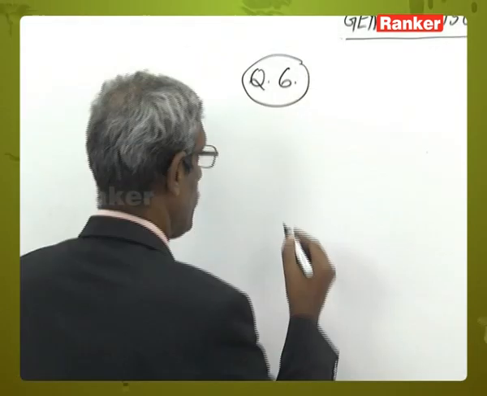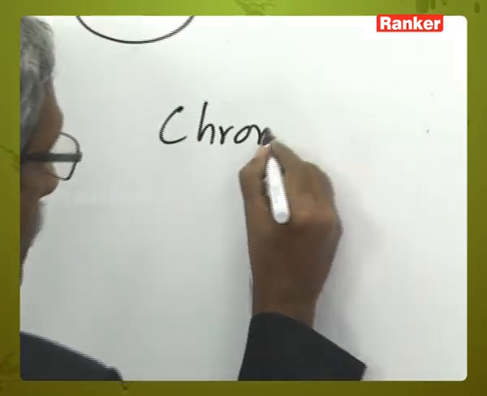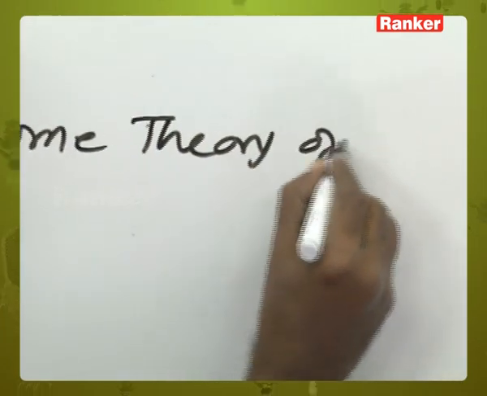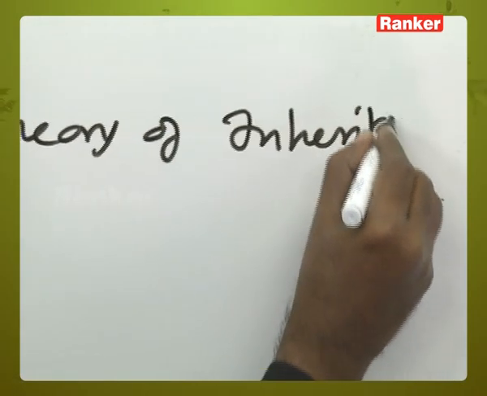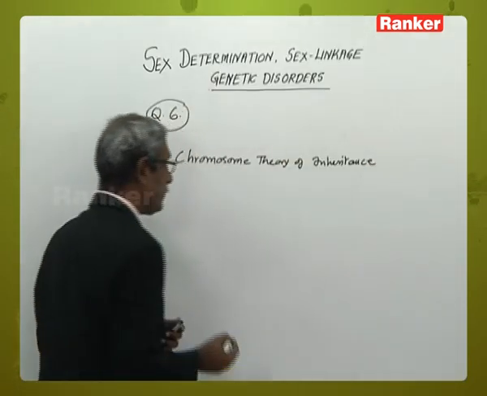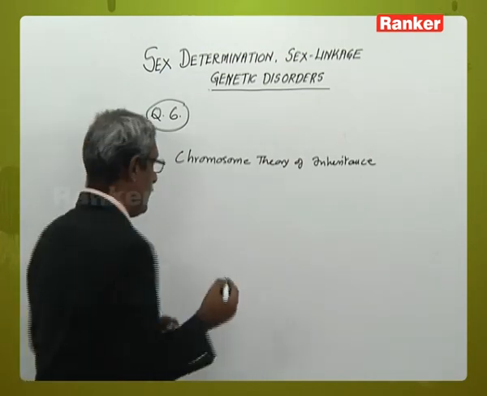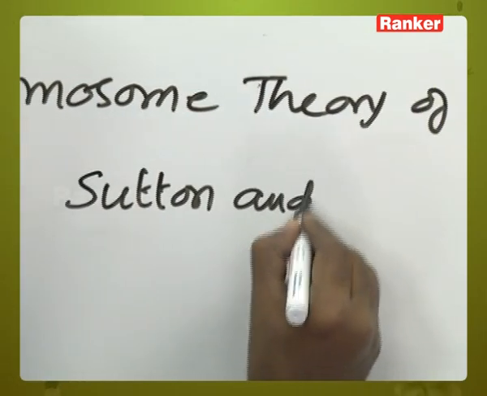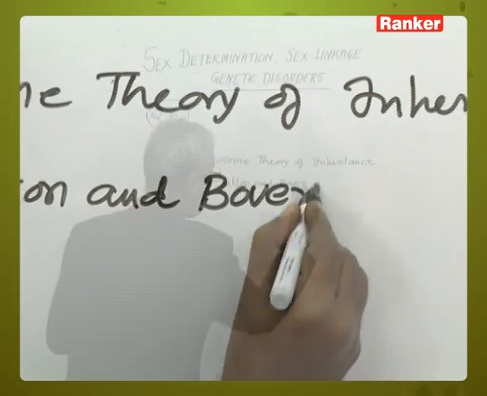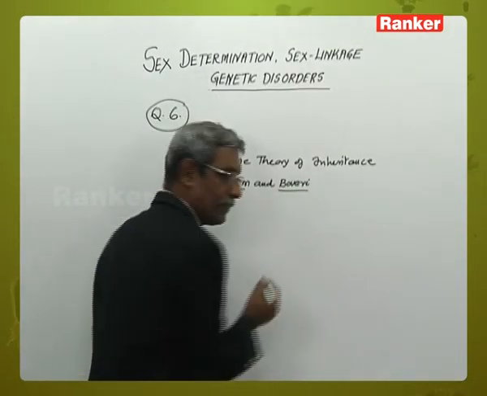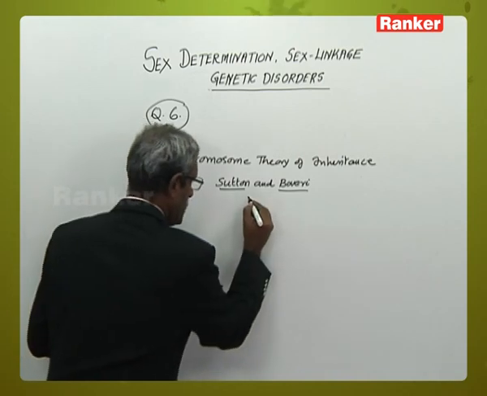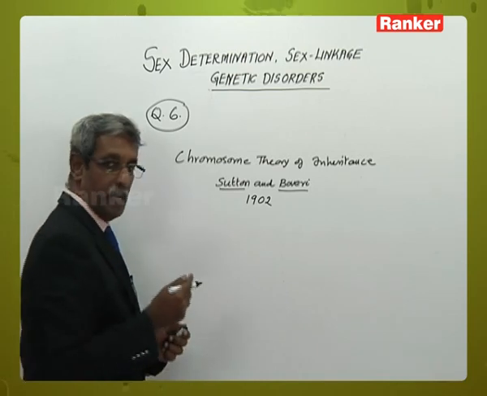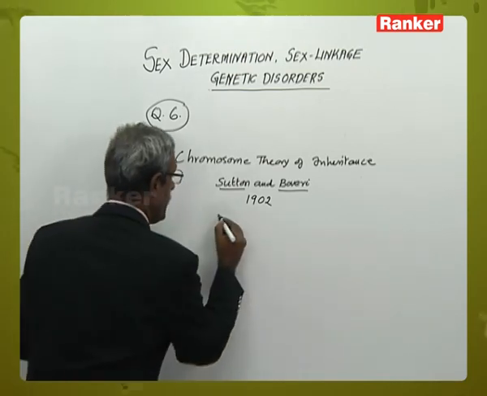Now, when you take the chromosome theory of inheritance, it was the first evidence which has been proposed by Sutton and Boveri. They were classical geneticists who had proposed about a century back the chromosome theory of inheritance, indicating that chromosomes are the vehicles of inheritance.